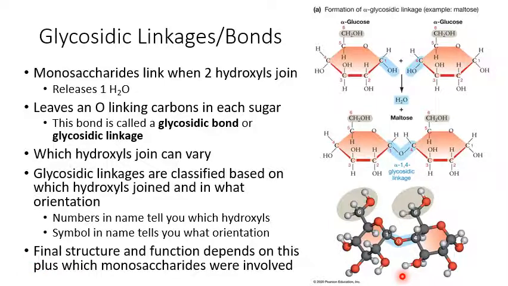So in this example, you have the hydroxyl group on the first carbon of one alpha glucose reacting with the hydroxyl group on the fourth carbon of another alpha glucose.